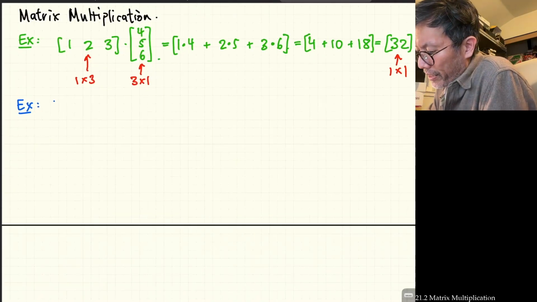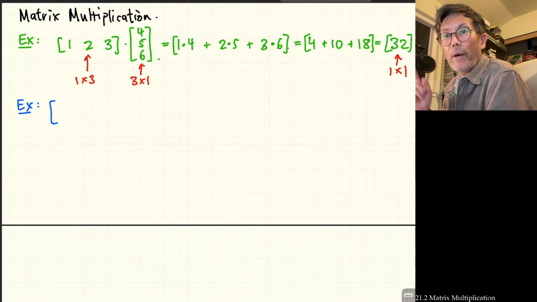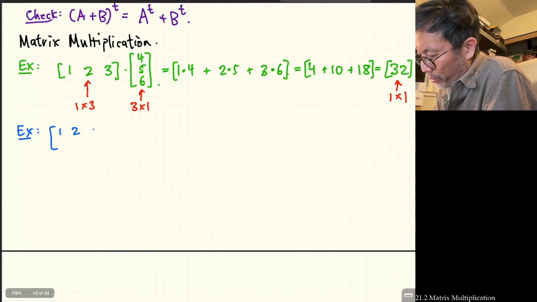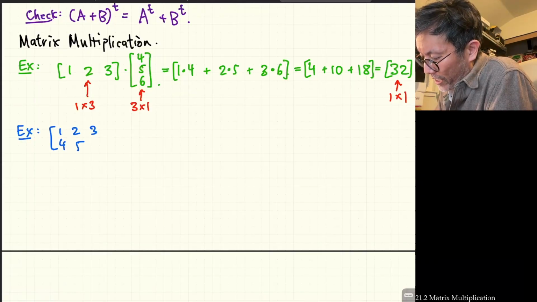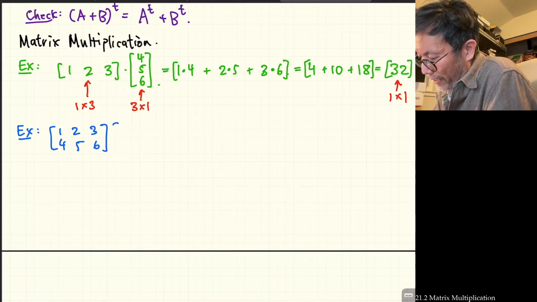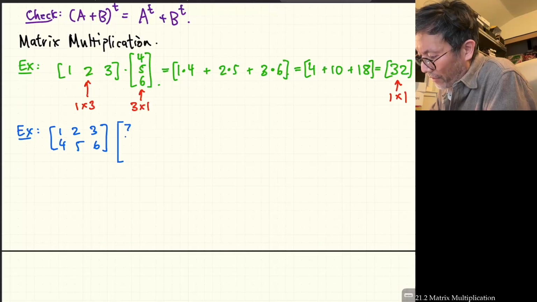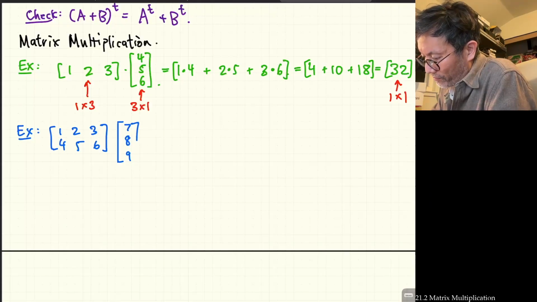Let me show you another example, slightly more complicated. Now I'm going to take a 2 by 3 matrix, the matrix 1, 2, 3, 4, 5, 6, and multiply it by the 3 by 1 matrix 7, 8, 9.